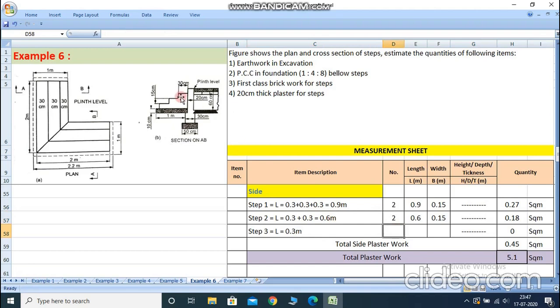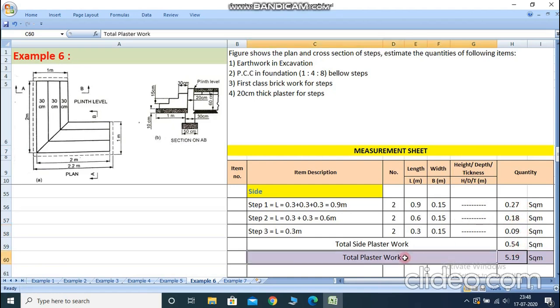For this portion only 0.3, and similarly 0.3 here and 0.3 here. So starting and end, right here 2, 0.3, and the width given is 0.15. Now the summation of the side plaster is 0.27, 0.18, 0.09 meter square. So the total summation is 0.54.